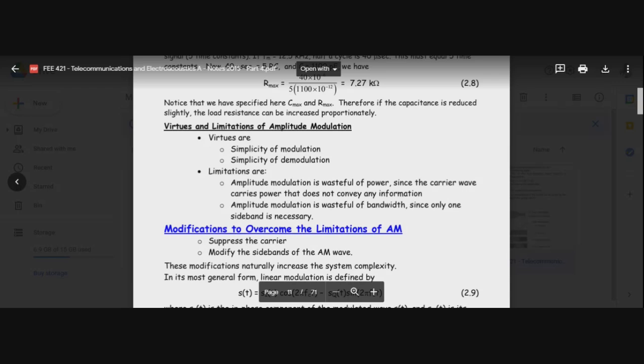Now you ask the question, what can we do? Can we have some ways to improve on these problems? Yes, you can, and you can suppress the carrier. If you suppress the carrier, you will of course retrieve the power that would have been consumed by the carrier, and therefore you'll have a double sideband suppressed carrier.